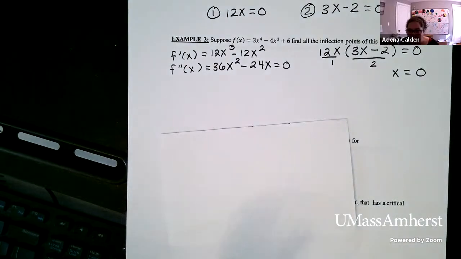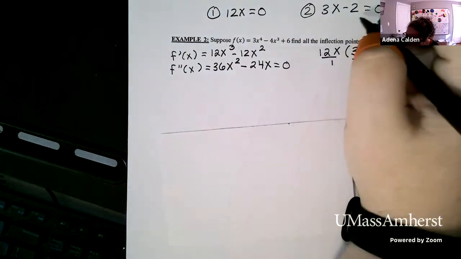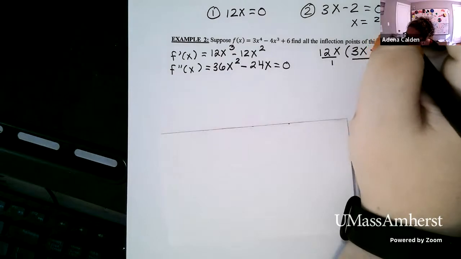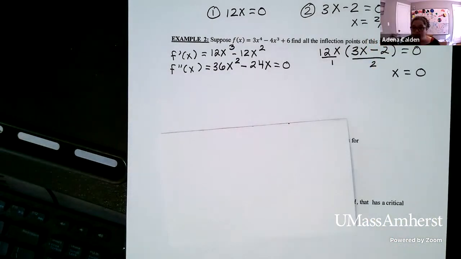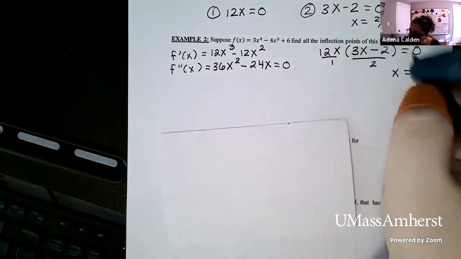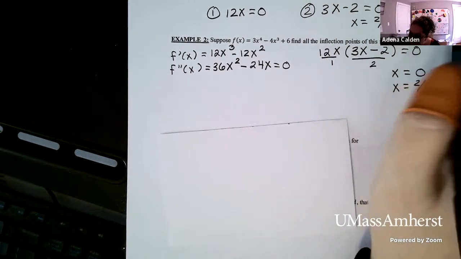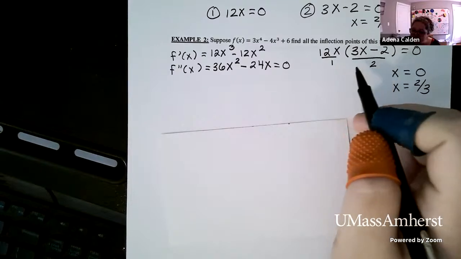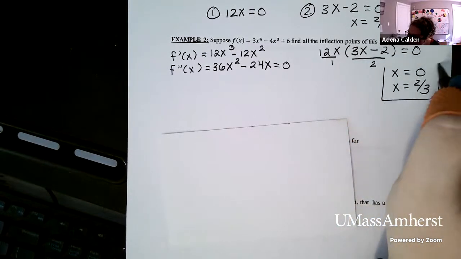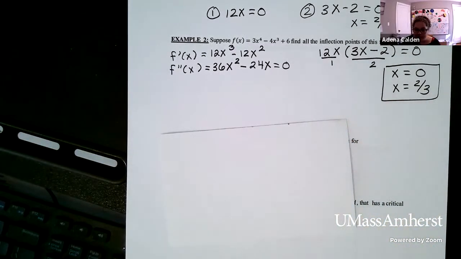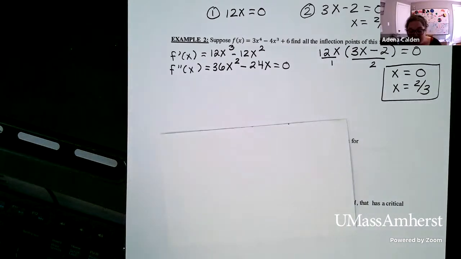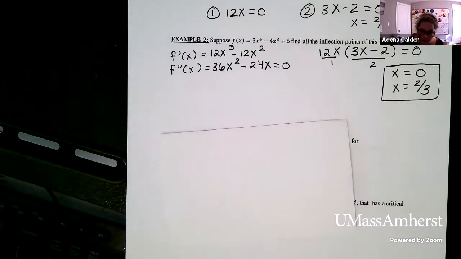So I can bring the 2 over and divide by 3, and I get x equals 2/3 will make this second factor equal to 0. So those are the only 2 factors. So these are the only 2 possible solutions. Okay. So the question is still, are they actually inflection points or are they weird flat spots?